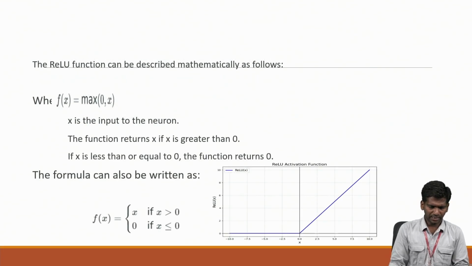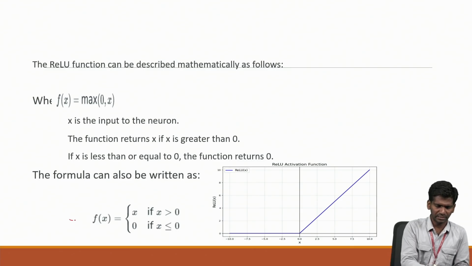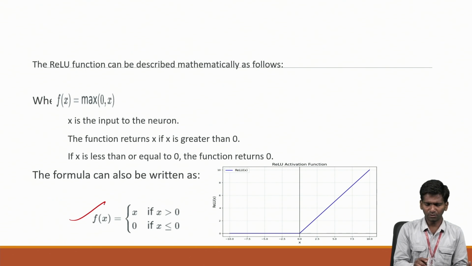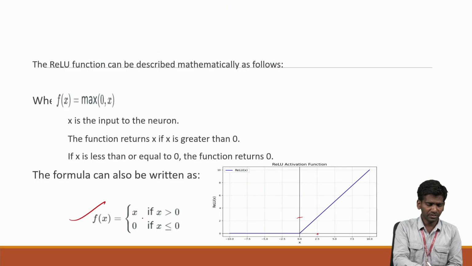This is the actual ReLU activation function, and the mathematical equation you can see here. For negative values it is 0, for positive values f(x) = x. So if x is 2.5, f(x) is also 2.5. It is directly f(x) = x. You can see it here.